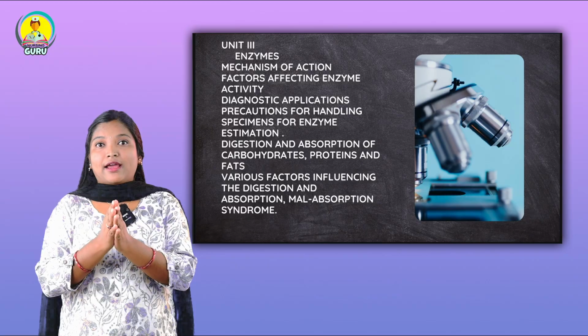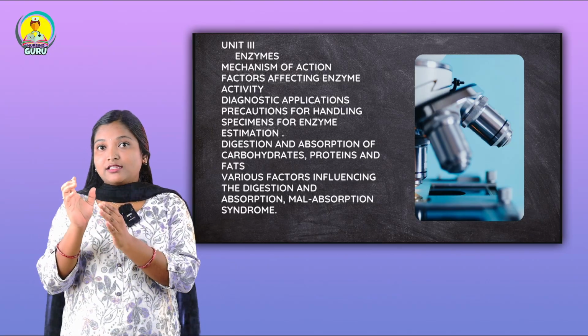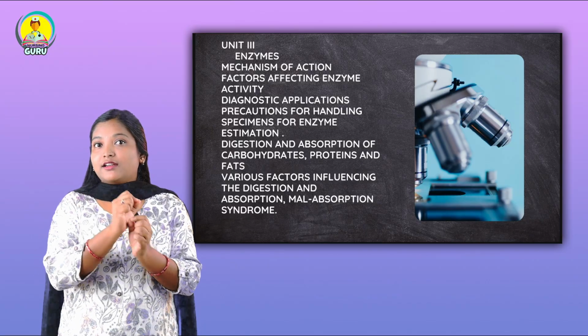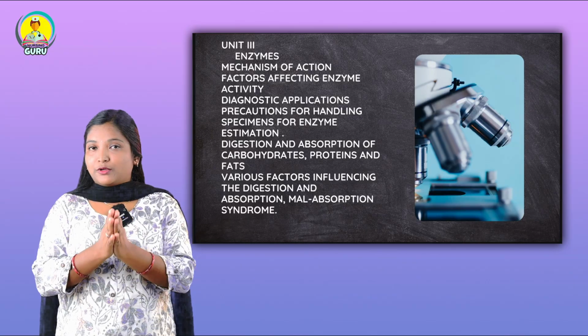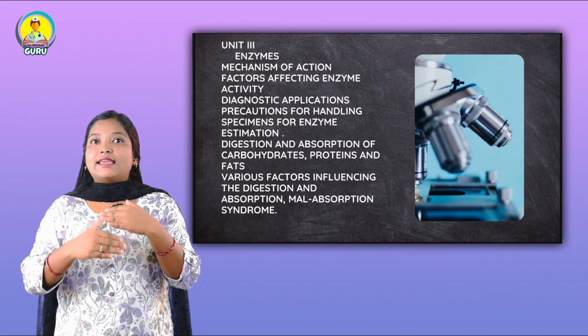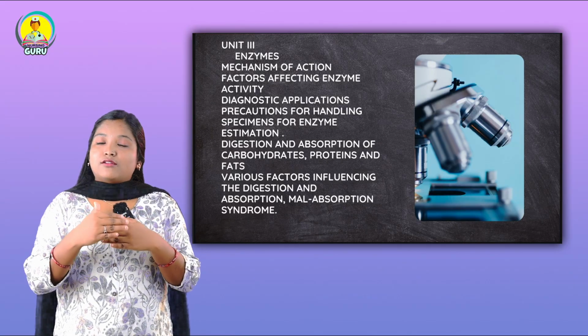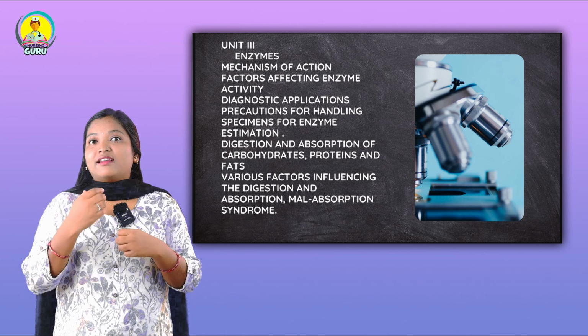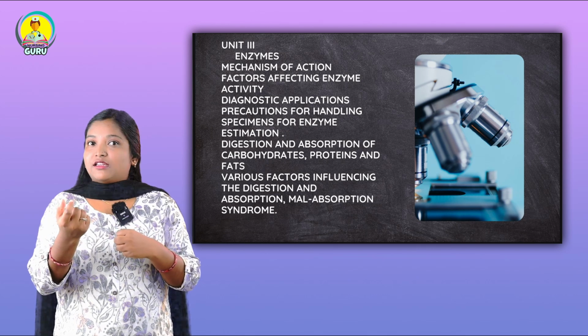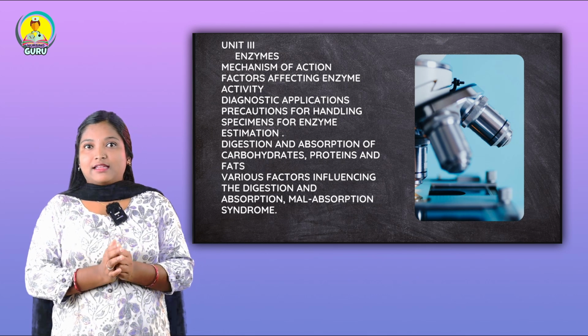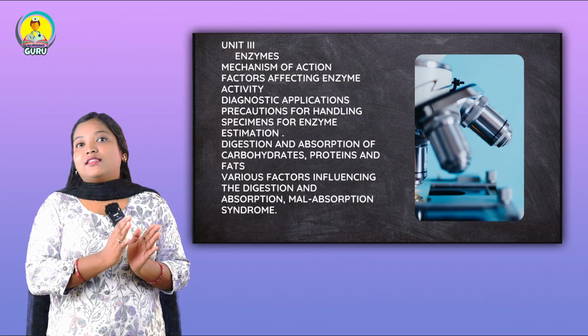Make sure you write in your notes about the digestion and absorption of carbohydrates, proteins and fats, okay? Daily you study this one, okay? Then only you can remember and recall it, and you can exhibit it in your examination paper. That is very important in the third unit.